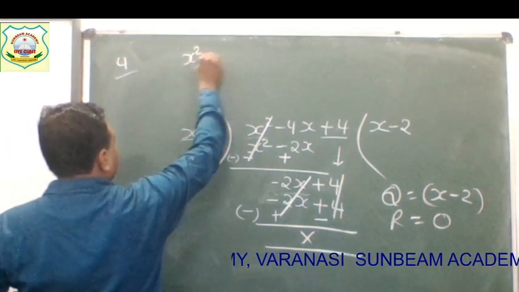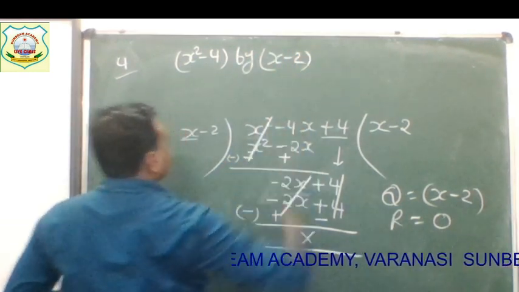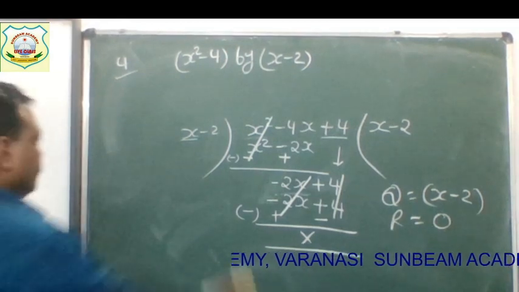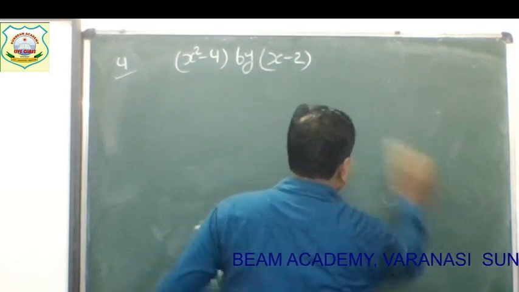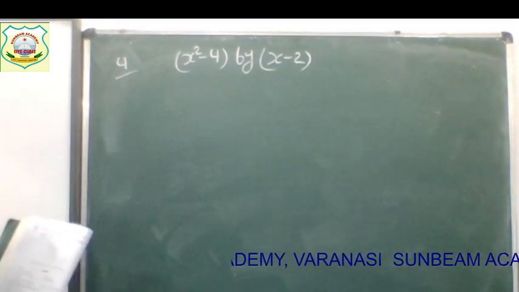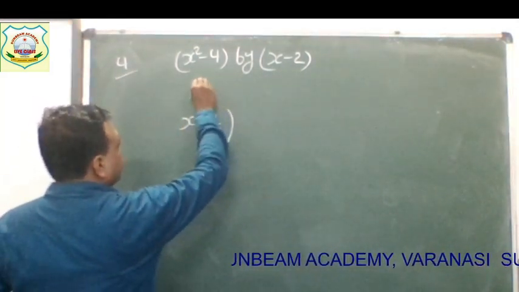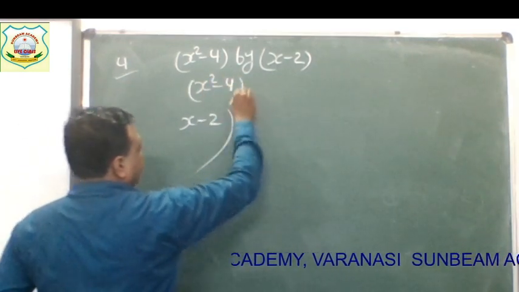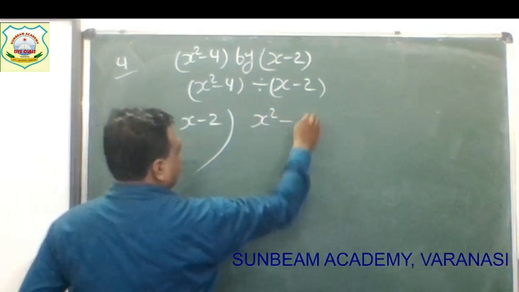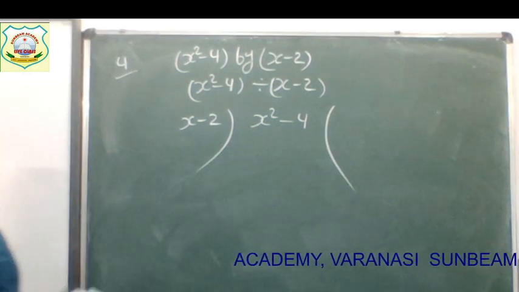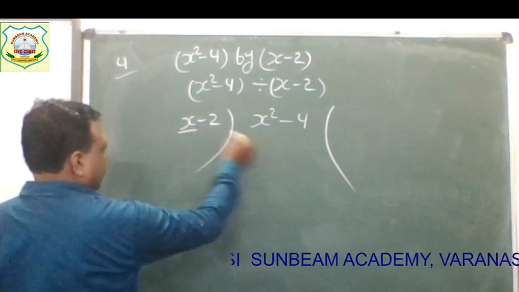x square minus 4 by x minus 2. Students, x square minus 4 and x minus 2. So you can see here, x is here, x square.